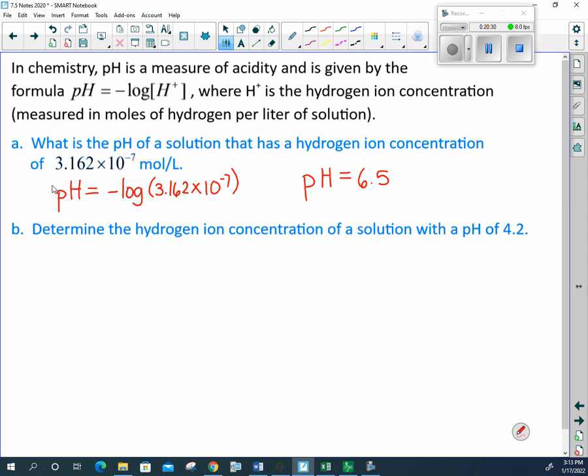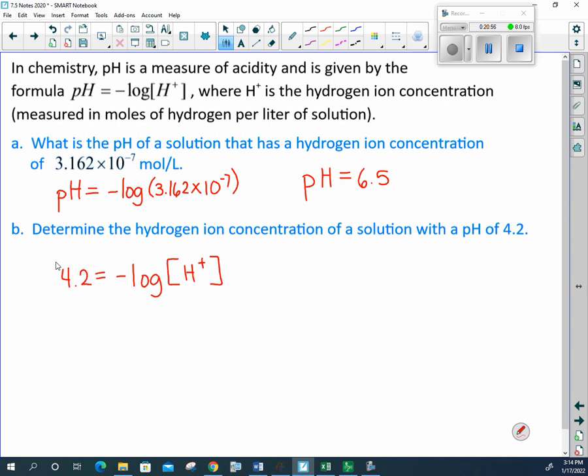And then this one says determine the hydrogen ion concentration of a solution with a pH of 4.2. So 4.2 equals a negative log of, and here's our hydrogen ion concentration. So we'll just go ahead and rewrite that so we can figure out what it is.